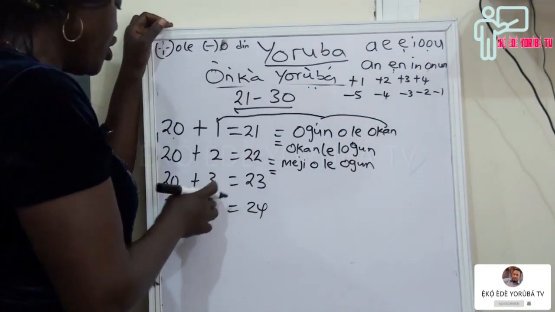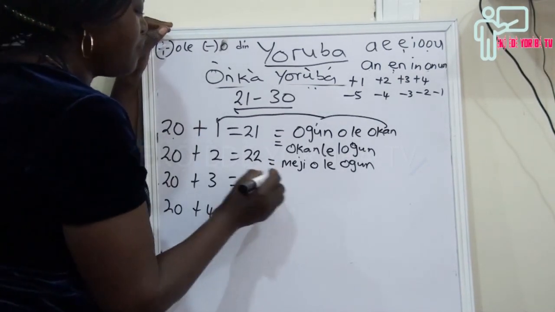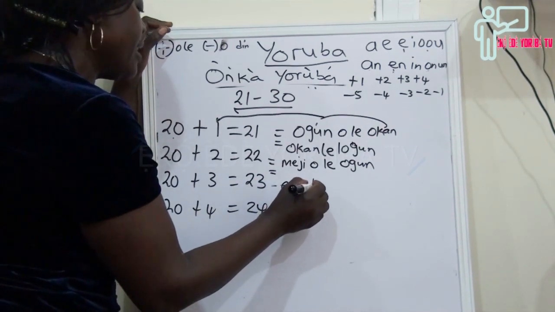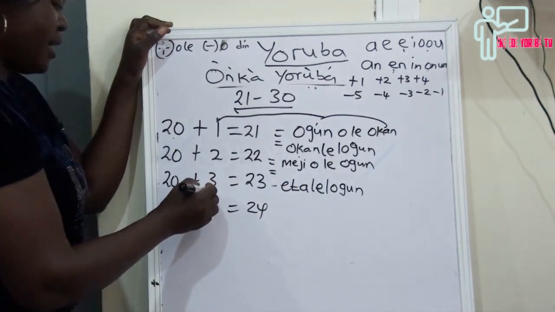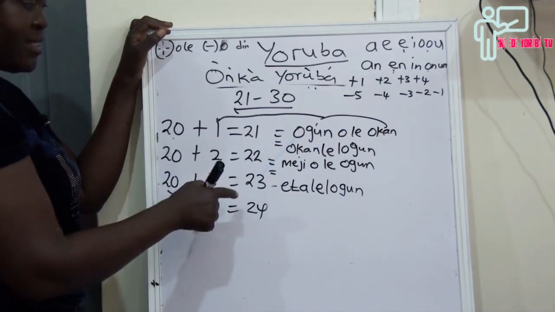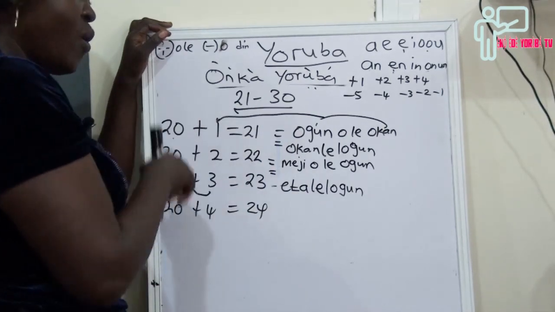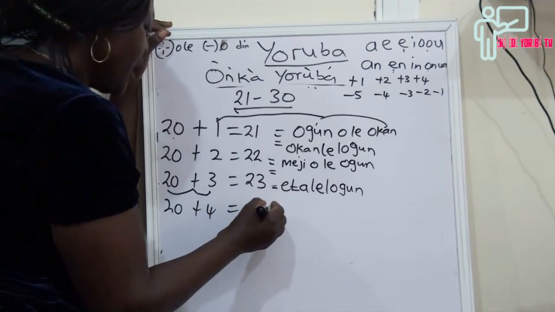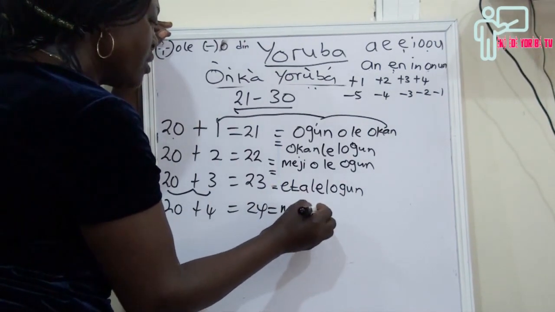So this one also you read from the back. 3, which is mẹ́ta. Ẹ̀tàlélógún. You can say ẹ̀tàlélógún. You see it now. Mẹ́ta ó lé ní ogún. So 24 also gives us mẹ́rin lé.